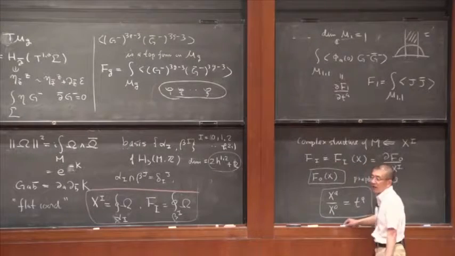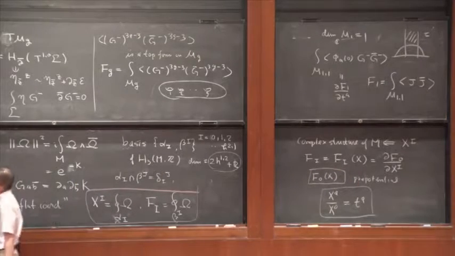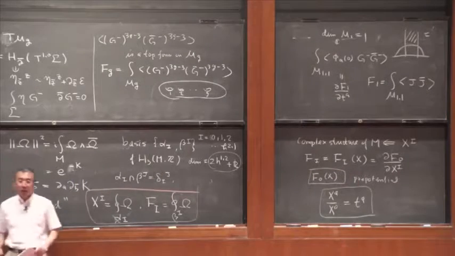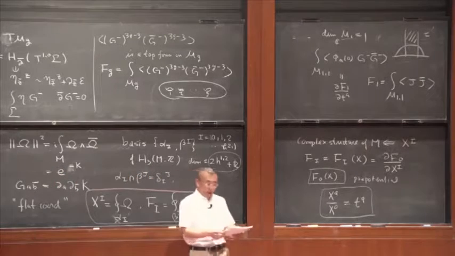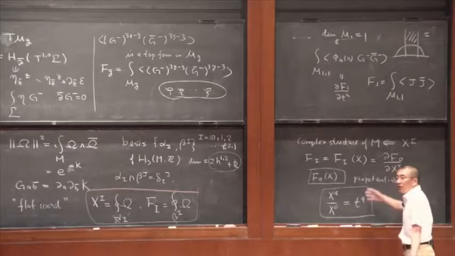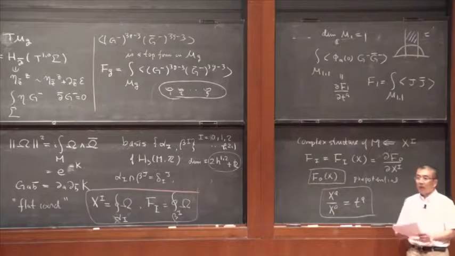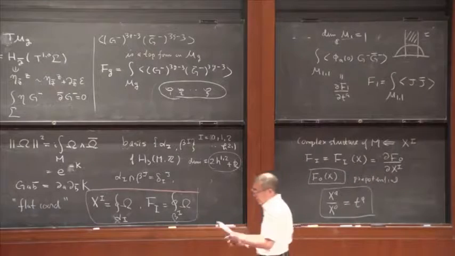So the flat coordinates that I'm going to be discussing, and the ones that will appear in this kind of perturbation, are actually the ratio of these periods. So we can compute them very explicitly. And when we discuss mirror symmetry, mirror manifolds, etc., then this flat coordinate becomes particularly important.